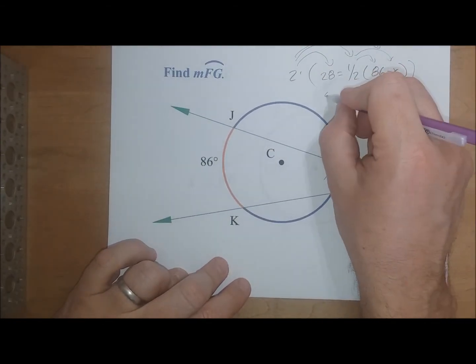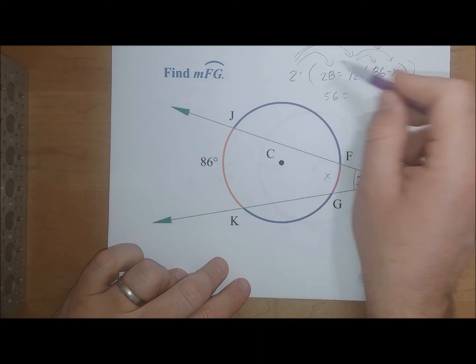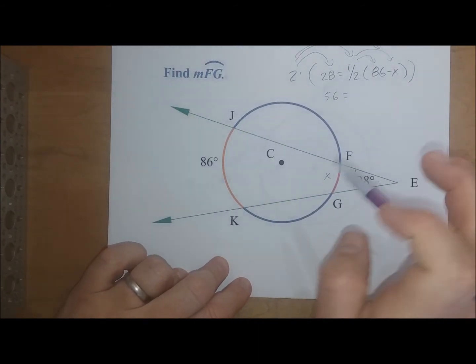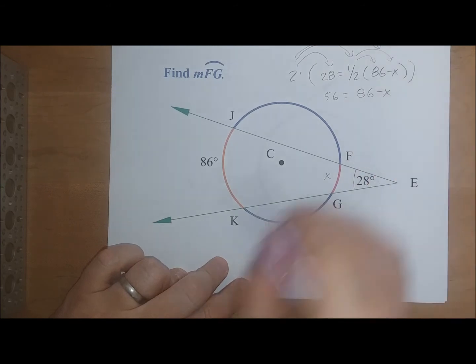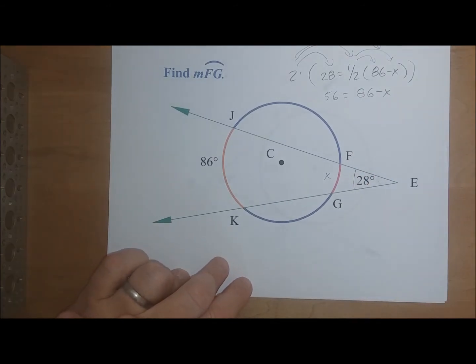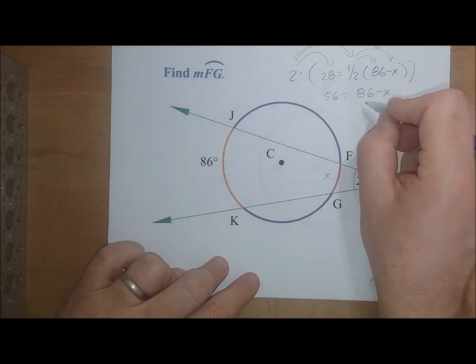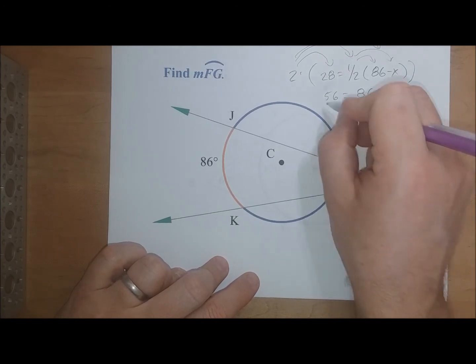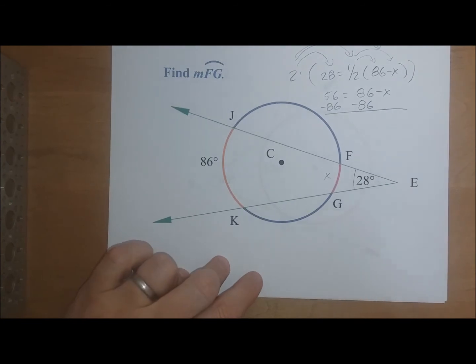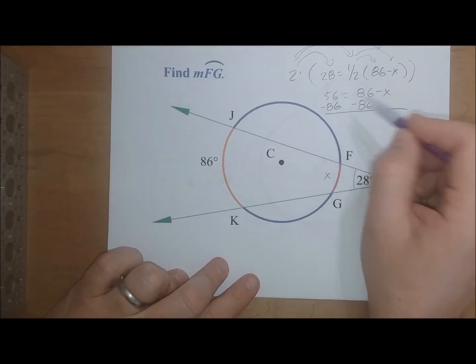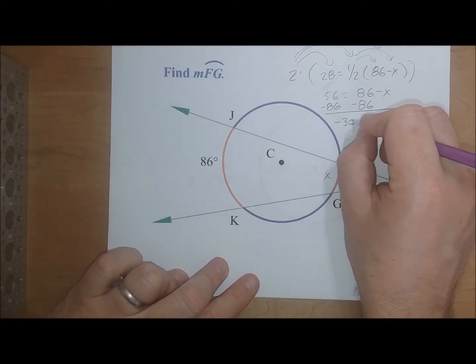2 times 28 gives me 56. 2 times 1/2, of course, accomplishes what we were after, getting rid of the fraction. And all we're left with is 86 minus X. That cleans up really nice, doesn't it? All right, so let's go ahead and subtract 86 from both sides. I know some of you are nervous because you're seeing negative numbers, and we don't do negative numbers in geometry, right? 56 minus 86 gives me negative 30.